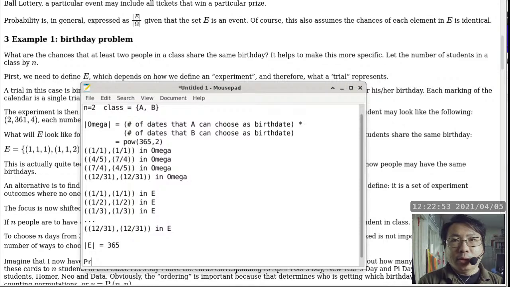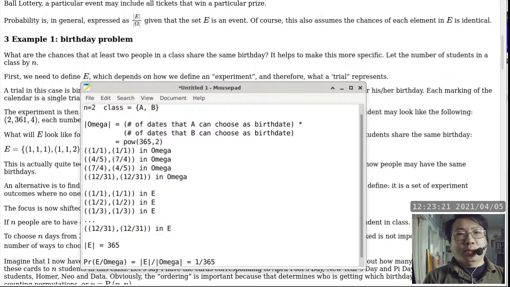If we look at the probability of E over omega, basically we use a kind of strange notation. It is just saying that when we consider this E and that as omega, as we defined here, it really is just the cardinality of E divided by the cardinality of omega, which is 1 divided by 365.